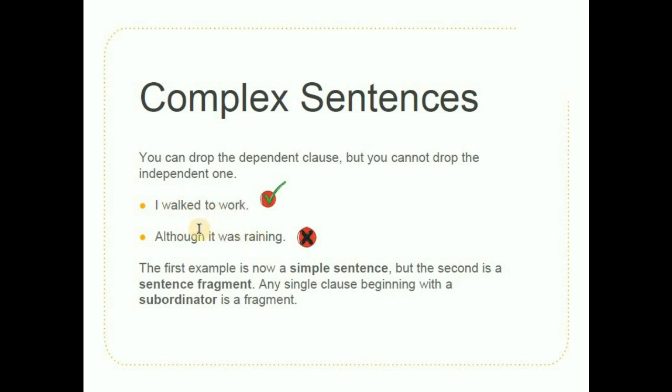However, this is a sentence fragment because we have our subject, it, our verb, was raining, but there is no complete idea. Although introduces something that is not met, it does not occur afterwards. So if we deleted the second clause, we would end up with a simple sentence. But we cannot delete the independent clause. This would give us a sentence fragment.